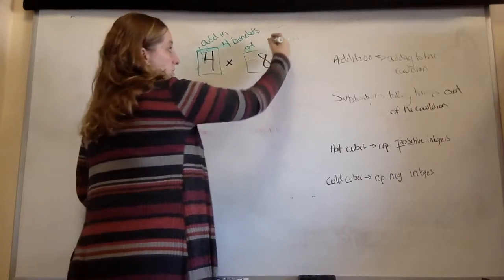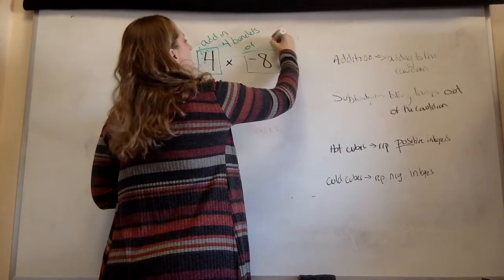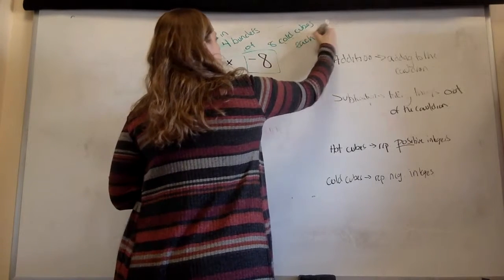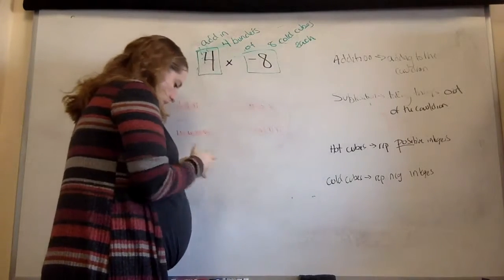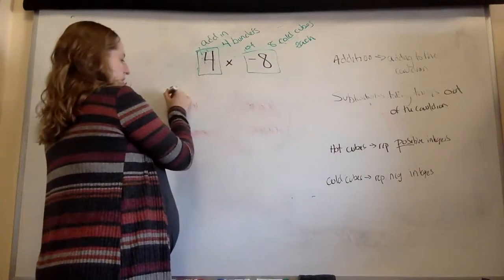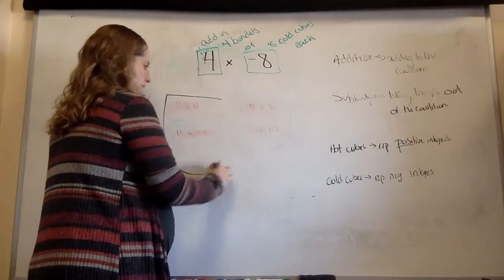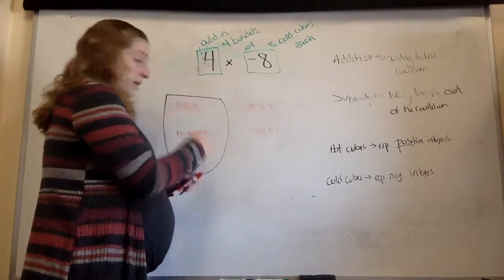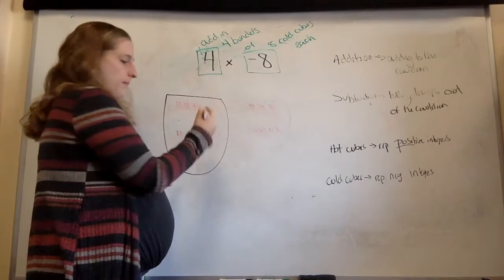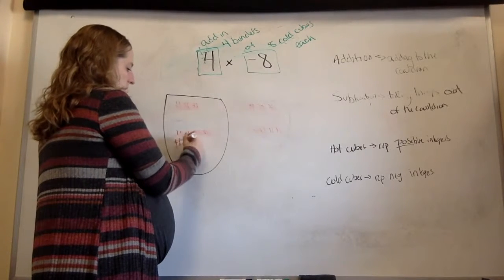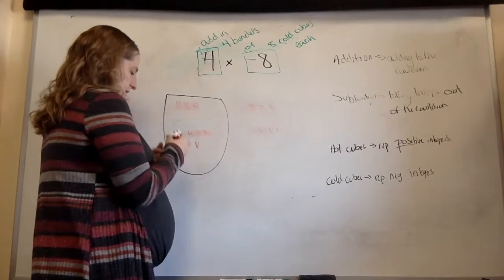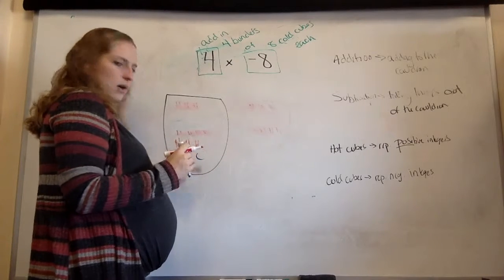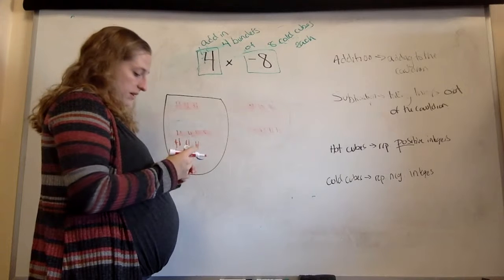So that negative 8 is going to be cold cubes, so 8 cold cubes each. So I'm going to start with a pot that has temperature 0. There's more than one way I can start with a pot that has temperature 0. I could start with nothing in my pot, or I could start with maybe a couple of 0 pairs. Notice that hot, cold, hot, cold, hot, cold, those cancel, so my temperature is still 0.